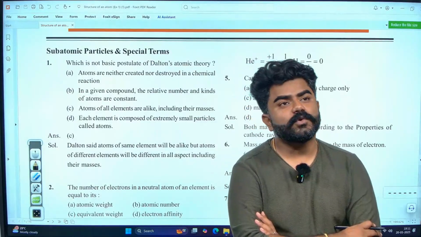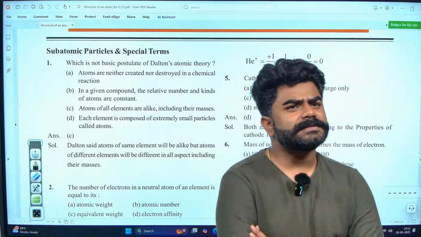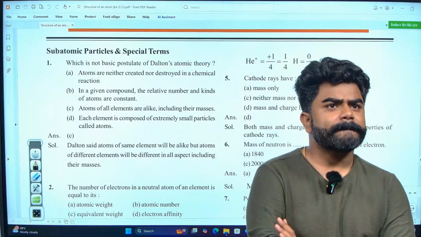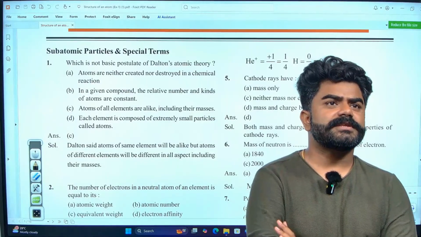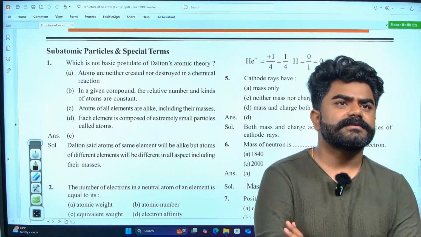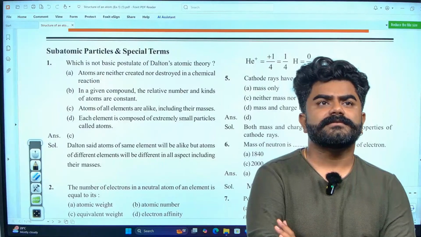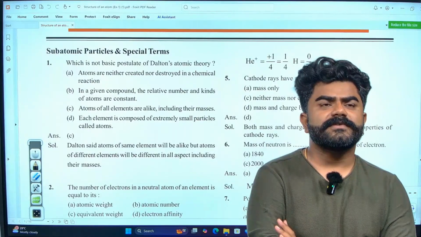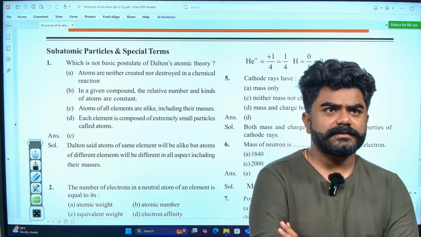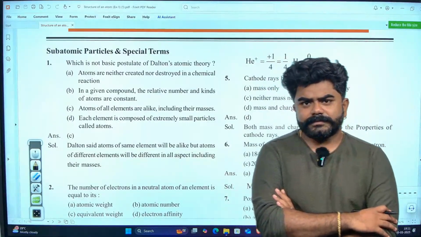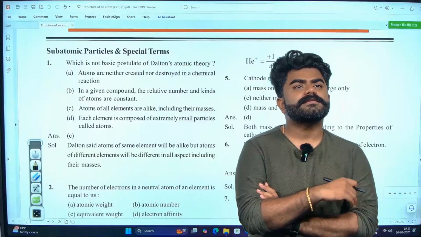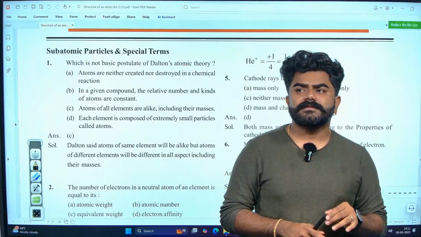Isotopes, isotones, isobars, did we see? Shirish. Sir, about isotopes we saw. We saw about isotopes, right? Yes, sir. Only a little bit we saw about it.